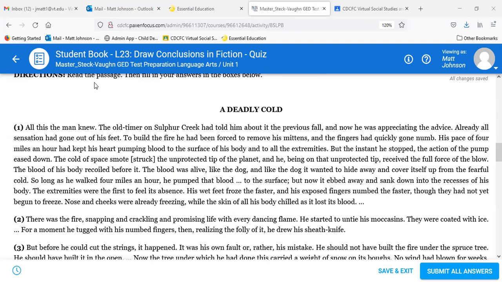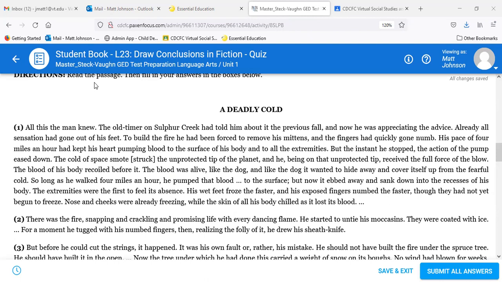His pace of 4 miles an hour had kept his heart pumping blood to the surface of his body and to all the extremities. But the instant he stopped, the action of the pump eased down.